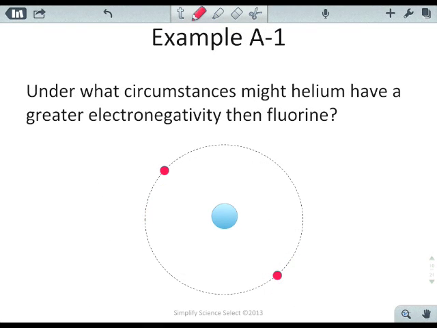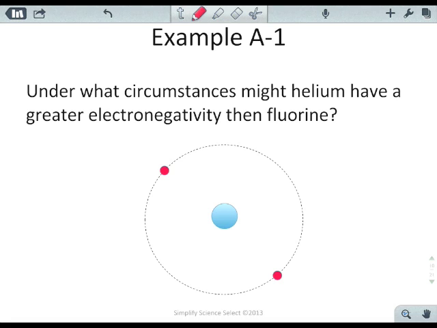Now, example A1, it says, under what circumstances might a helium atom have a greater electronegativity than fluorine? So we're looking at the difference. Now remember, we said with electronegativity that we excluded the noble gases unless it was a crazy circumstance. What we would have to do is remove an electron from that helium and make it a helium ion. If you look at the ionization energy, remember that is the amount of energy required to remove an electron.